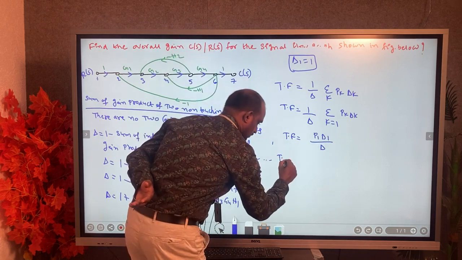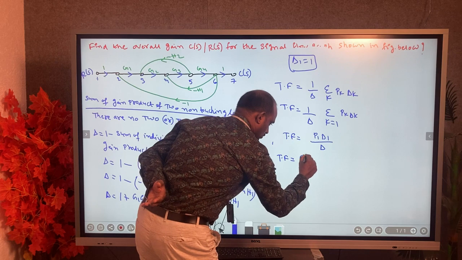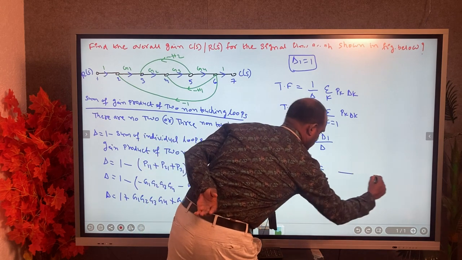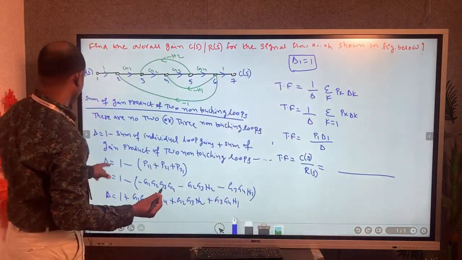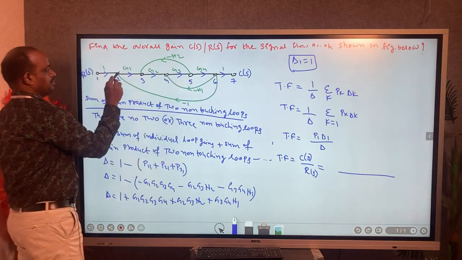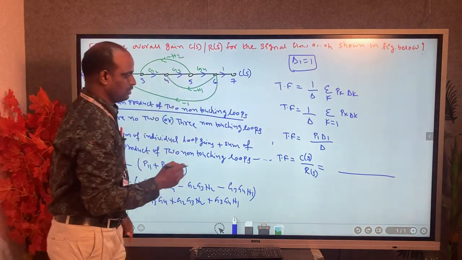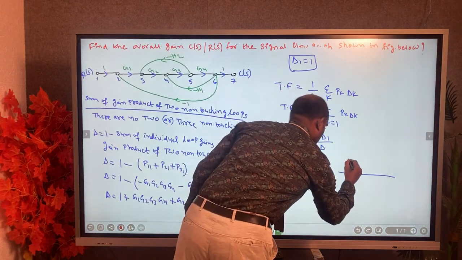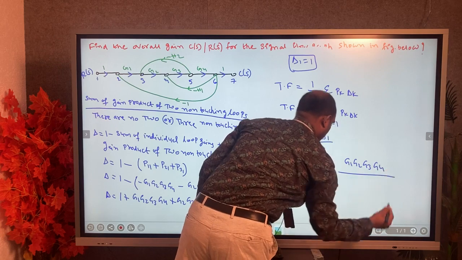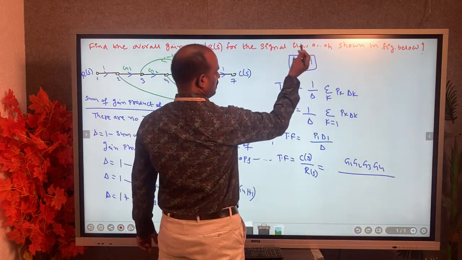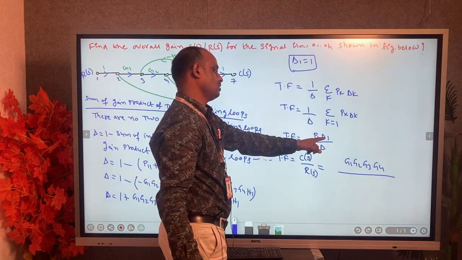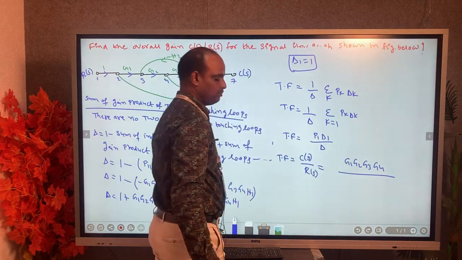So the transfer function C of s by R of s equals P1 delta 1 by delta. P1, the forward path from R of s to C of s, is G1 G2 G3 G4. Delta 1 equals 1, so you get only P1 by delta.